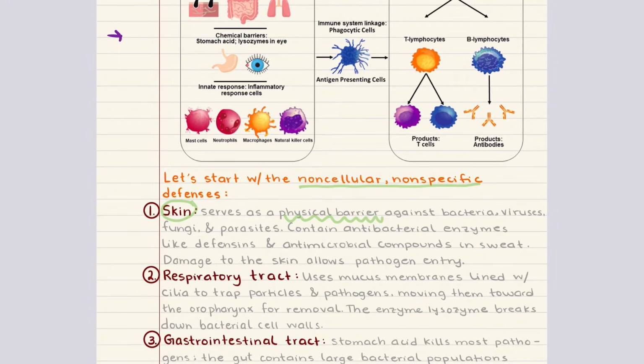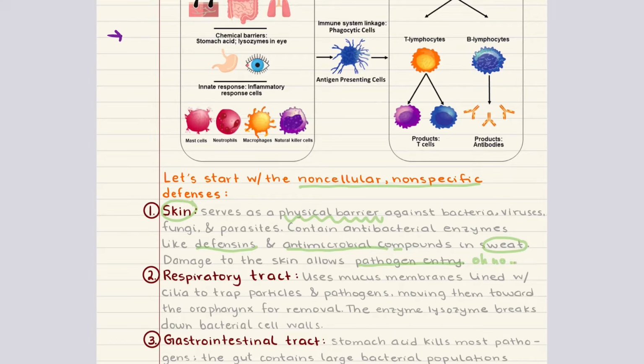In addition to this physical protection, the skin also produces antibacterial enzymes called defensins, which disrupt microbial membranes, as well as antimicrobial compounds that are found in the sweat. But any damage to the skin, such as cuts or abrasions, is going to compromise this barrier, and that can allow pathogens to enter the body.